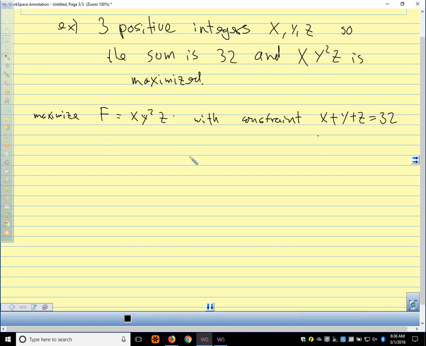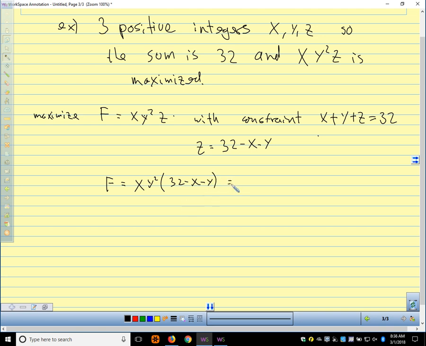So we have a function that we're trying to maximize, but we have this constraint that x plus y plus z has to equal 32. So we're going to solve for z and substitute. From the constraint, we get that z equals 32 minus x minus y, and our function f is x y squared times 32 minus x minus y.